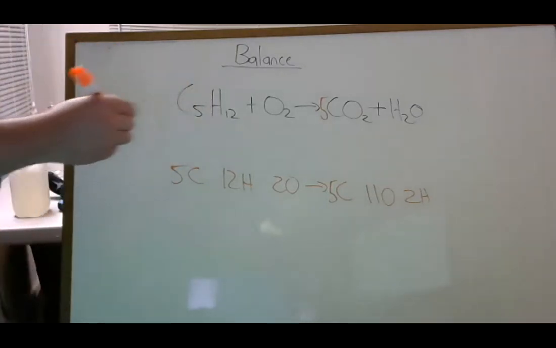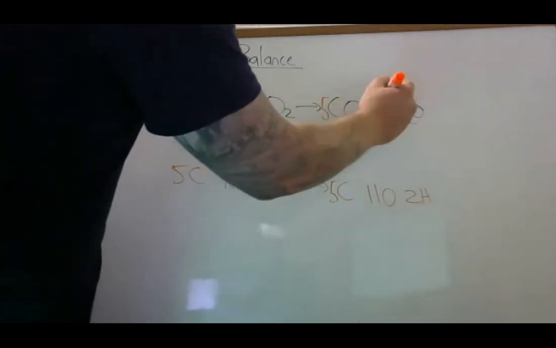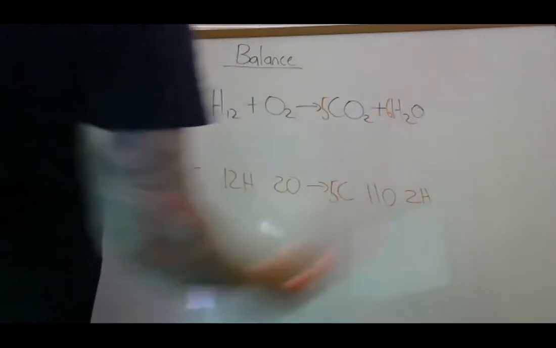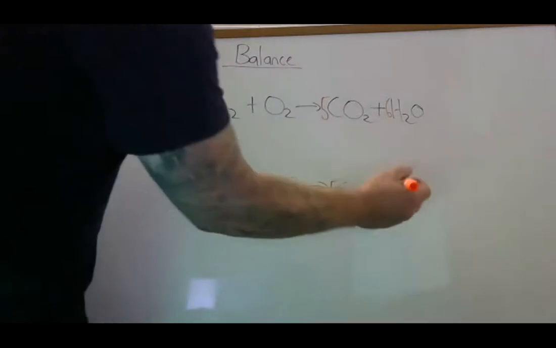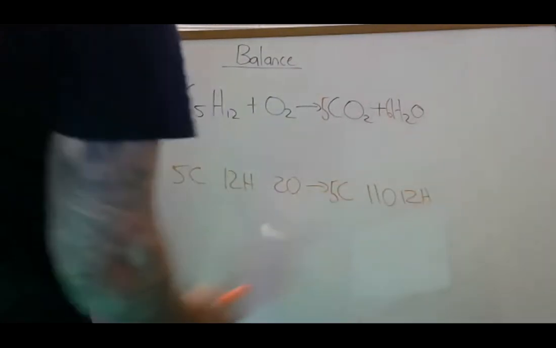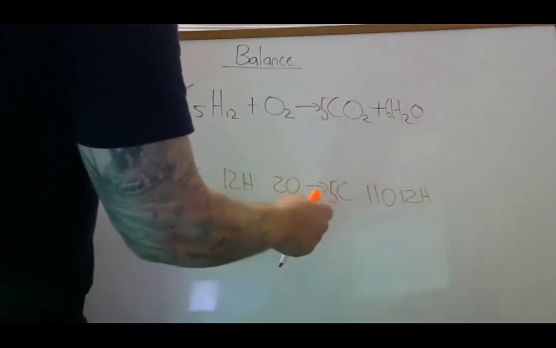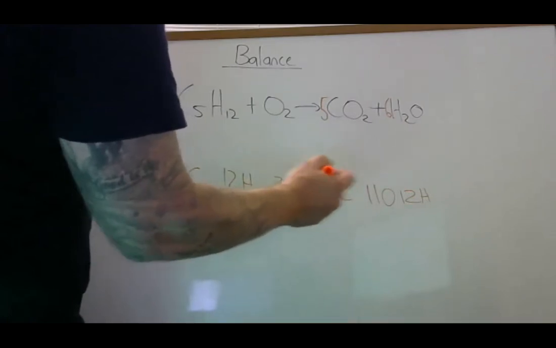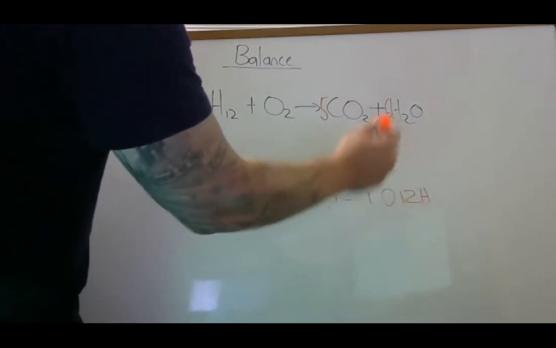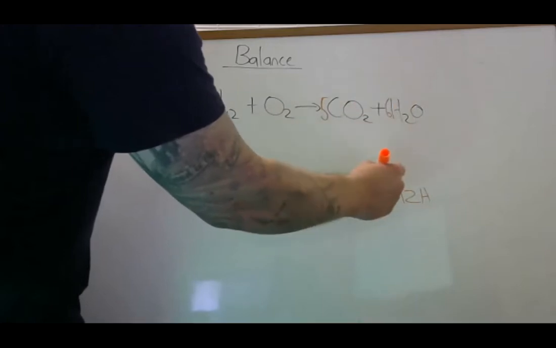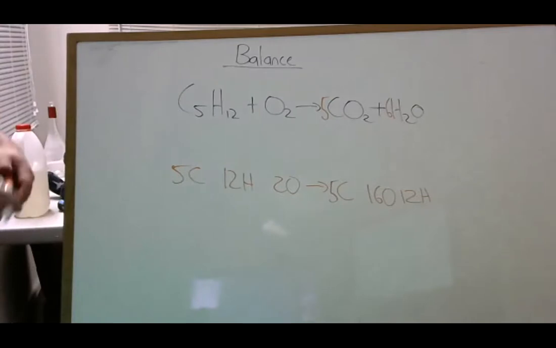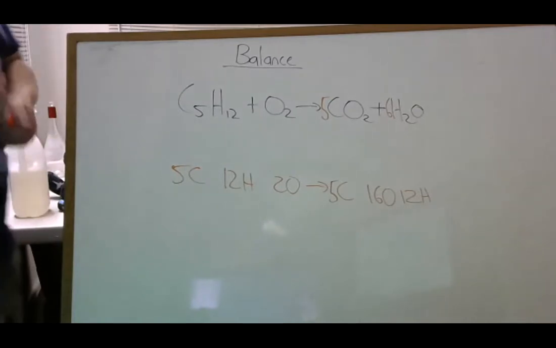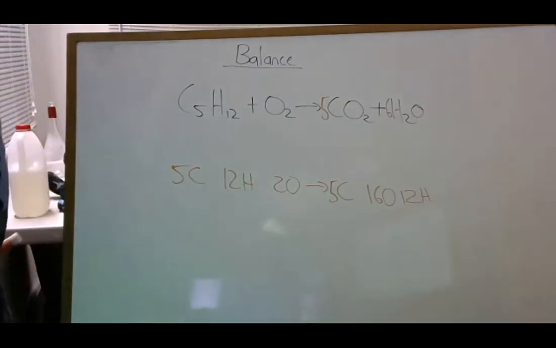So if I added a 6 here, that would give us 12 hydrogen and 16 oxygen. Now I've only got the oxygen left to balance. What number do I need? Okay, perfect.